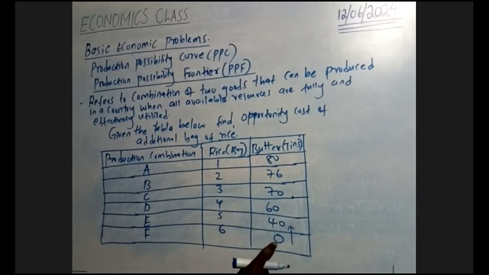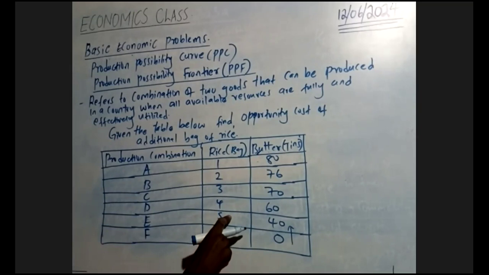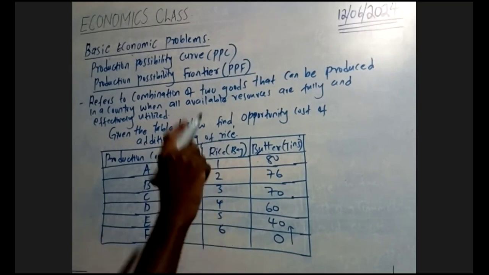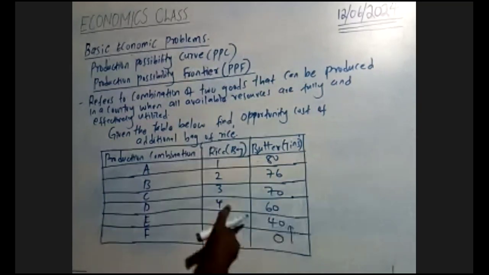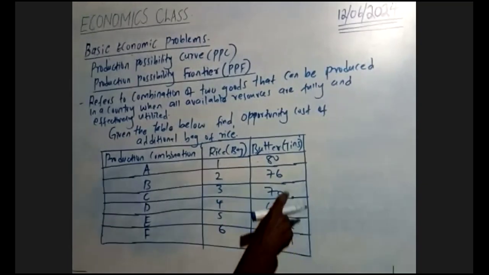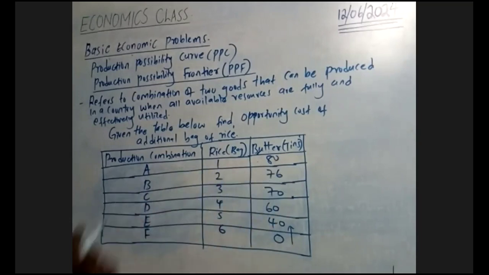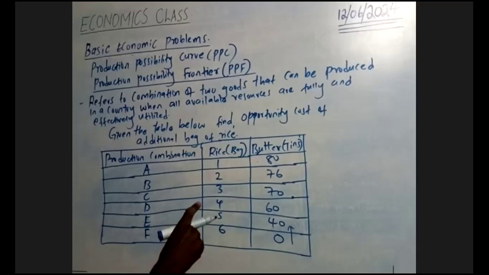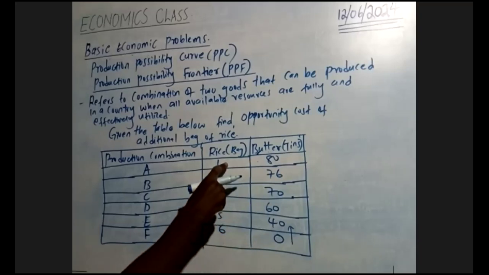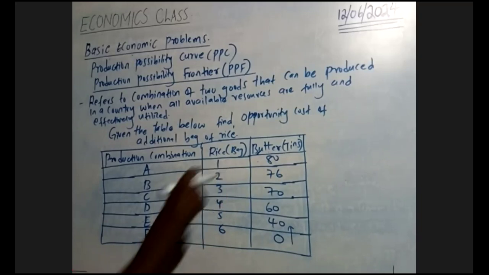So from 0 hadi 40, we give up 1 bag of rice to kuja kwa 5. If we keep on increasing the number of tins to 60, we end up giving up the number of rice and so on. So tusonge mpaka tufike 80, ni kumaanisha we shall end up giving up the number of rice until the rice becomes 1.